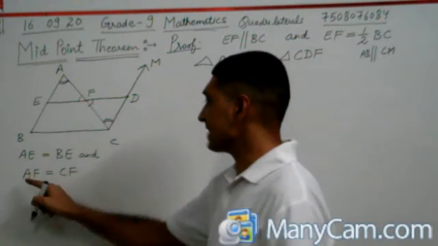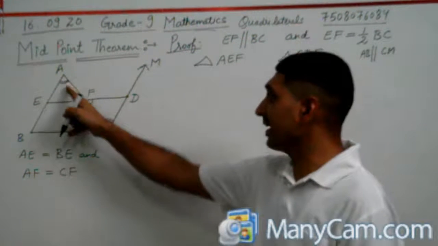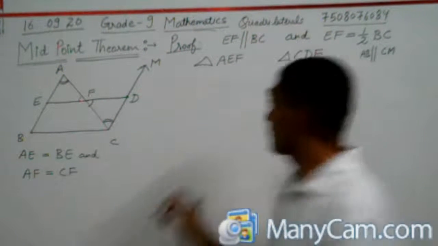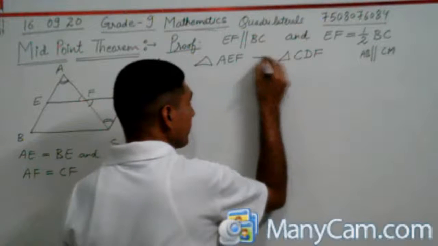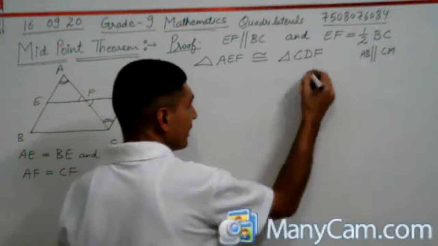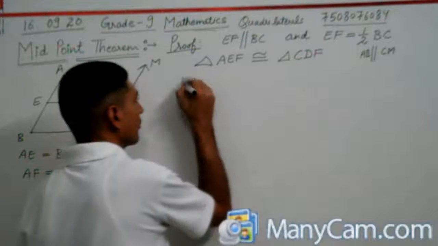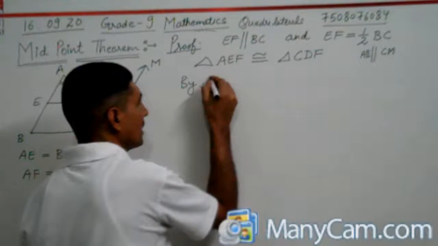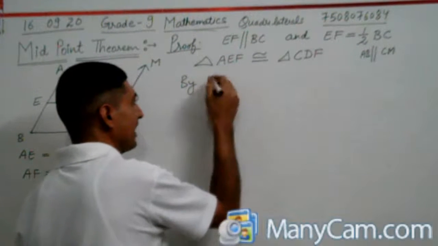And whereas AF is equal to CF, so by the angle side angle rule, the triangles are congruent.